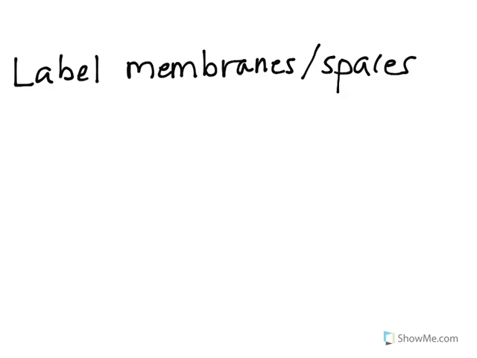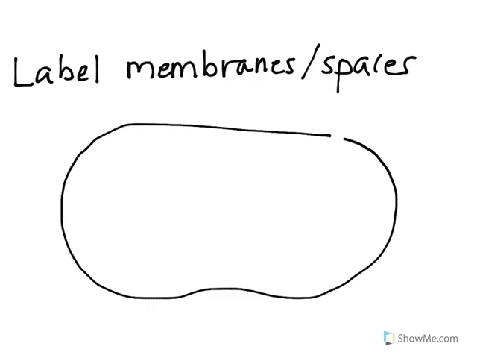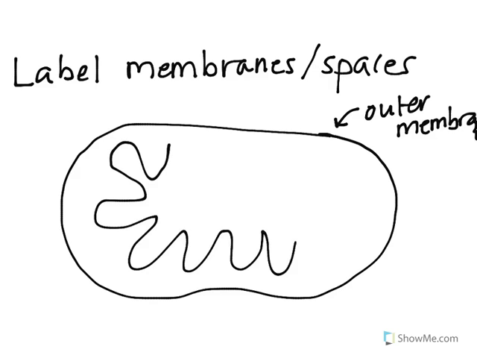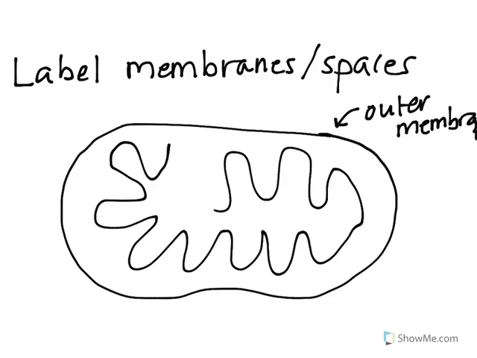So for the mitochondrion, remember that it has two membranes. It has an outer membrane and it has an inner membrane. So this would be the outer membrane. And then the inner membrane for the mitochondria is all wrinkly like this.